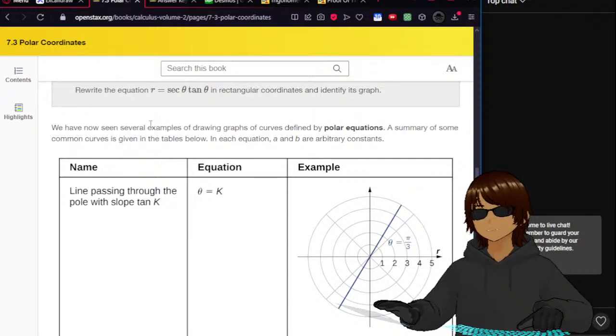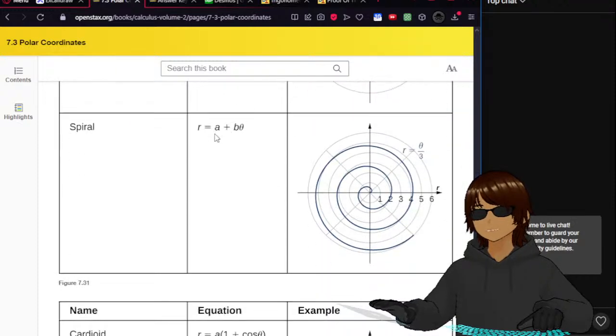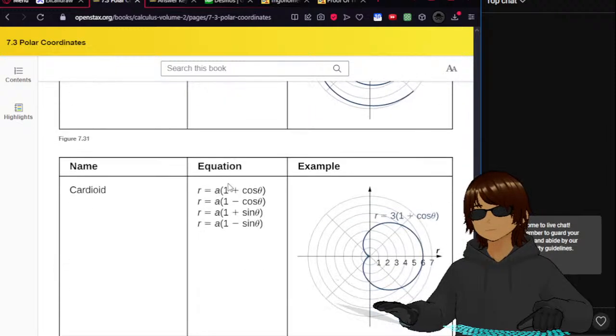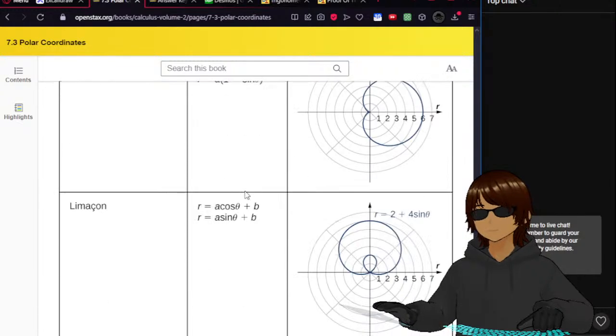We have now seen several examples of curves defined by polar equations. A summary of some common curves is given in the table below. Spiral: r is equal to b theta. Cardioid. This is a cardioid, any of these equations.